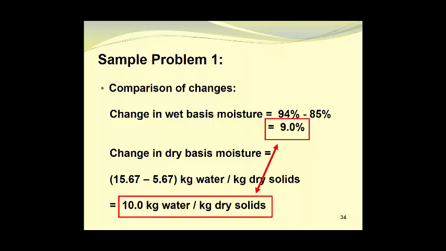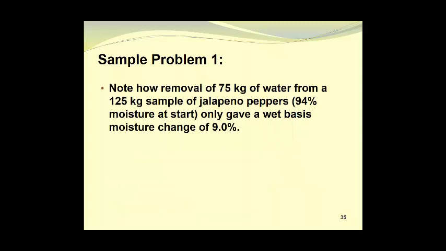Now take a look at the size of each one of these changes. In the case of the wet basis moisture, we notice that for all of the water that was removed, we only got a 9.0% change in the wet basis moisture. However, the dry basis moisture changed by 10.0 kilograms of water per kilogram of dry solids.